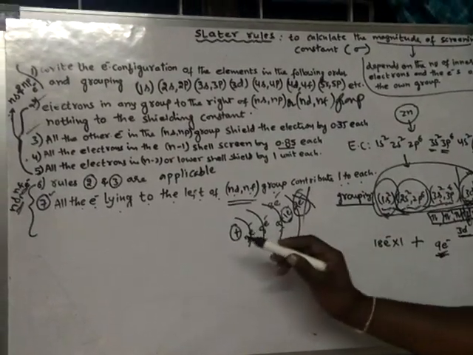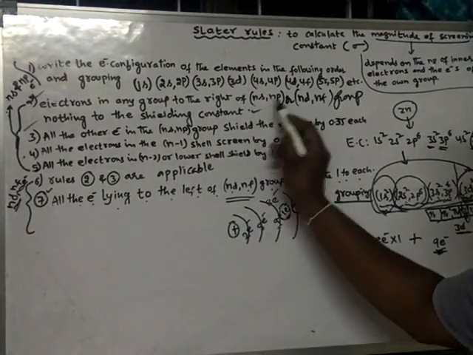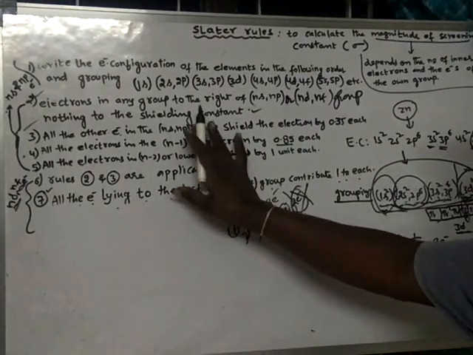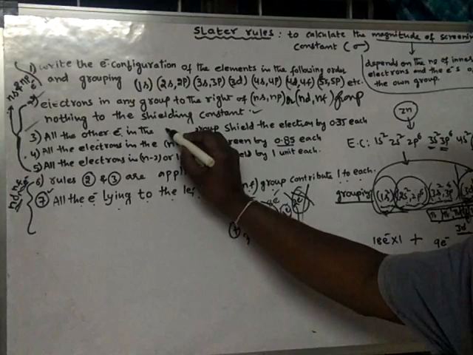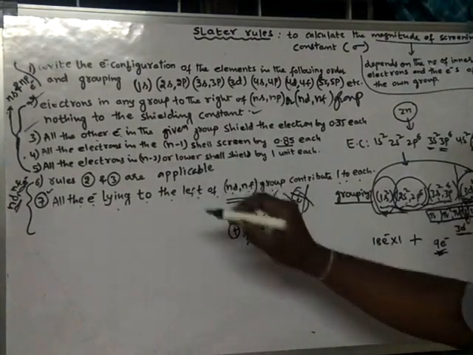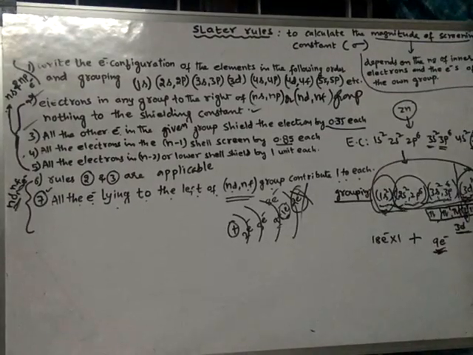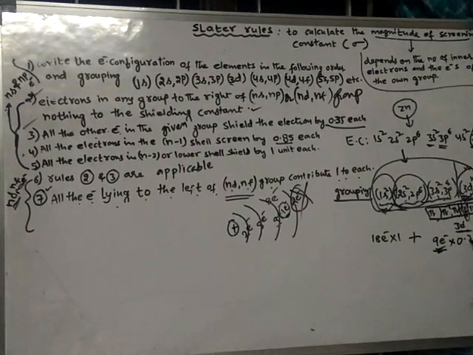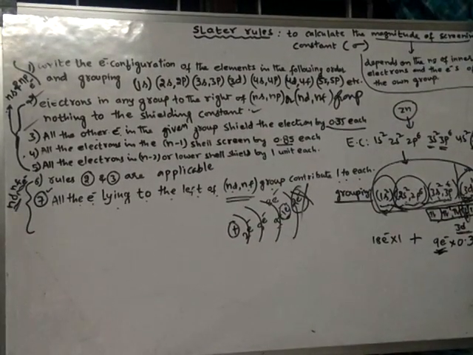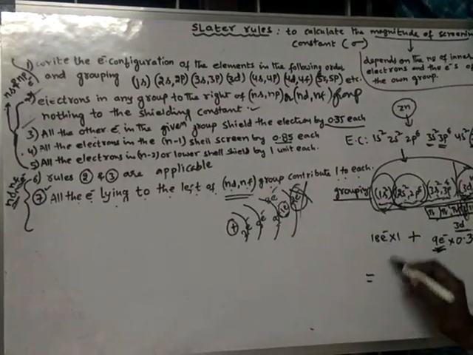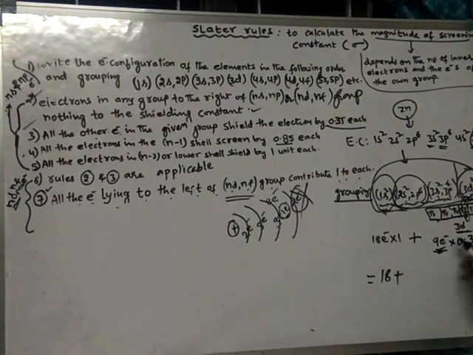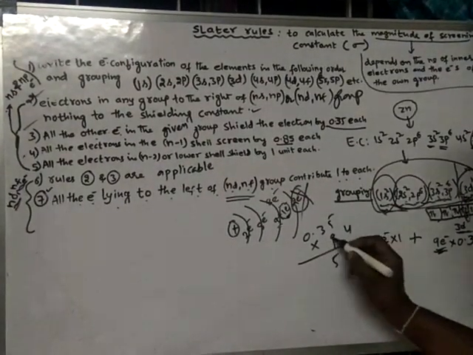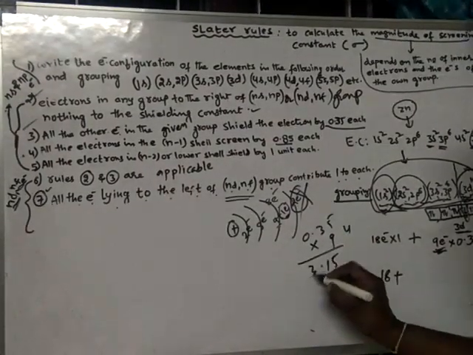Now this is rule 2 and rule 3. All the other electrons in the ns-np group or the nd group shield the electron by 0.35 each. So these 9 electrons will show 0.35 each. Altogether, 18 into 1, which is 18, plus 9 into 0.35. 9 fives are 45, 9 threes are 27, 31, so 3.15.